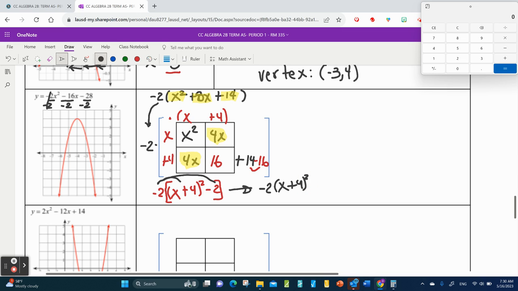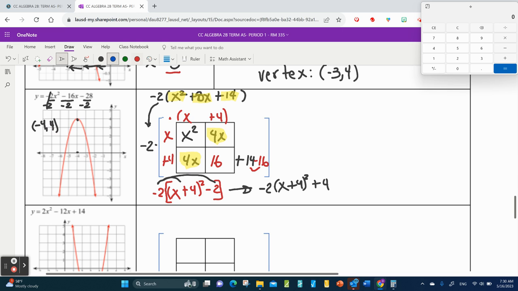Negative 2 times negative 2, that becomes a positive 4. And now I'm going to check my picture. I'm going to notice that my first value is at negative 4, and I have to go 1, 2, 3, 4 up. So my vertex happens to be at negative 4, comma 4.